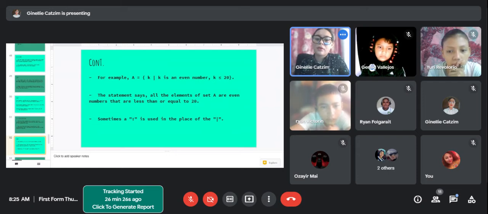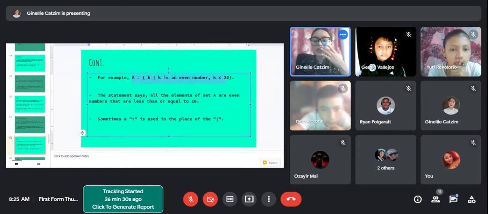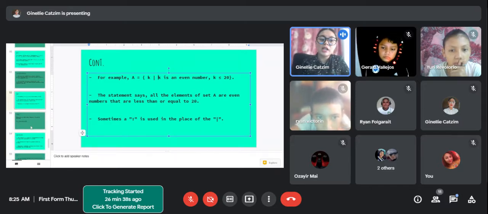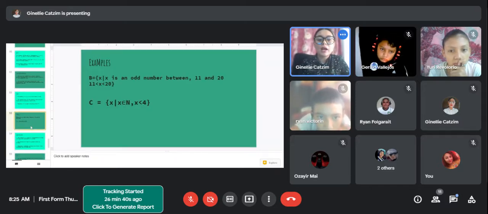So, the set notation always has a little bar, the vertical bar as I have here. If it doesn't have this bar, then it will have a colon.